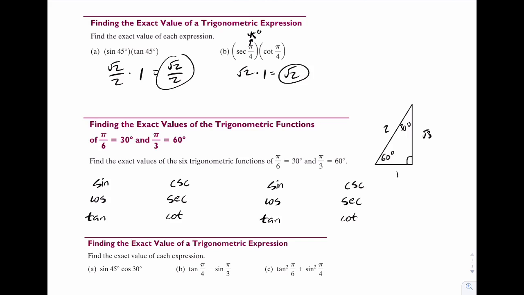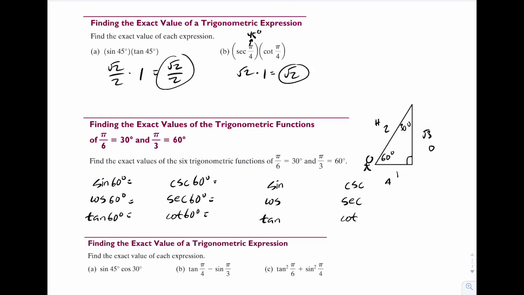To start, let's just do the 60 degrees. I'll put 60 at every single one on the left. We're going to figure out what these 6 things are going to be. Once again, draw our stick figure at 60, label O, A, H, and we'll do the exact same process.